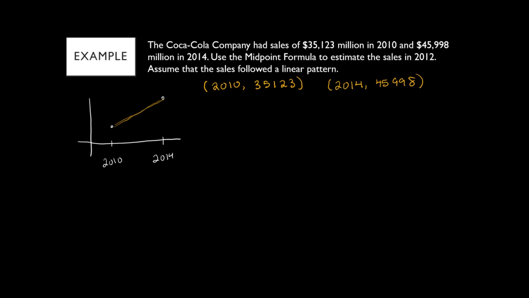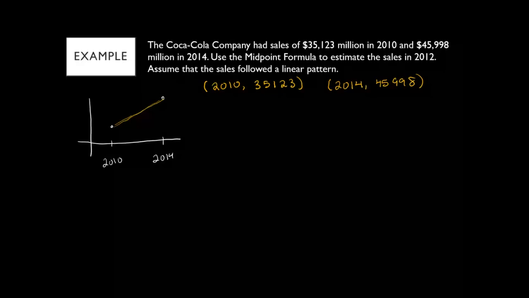If you are not given the ordered pairs in the problem, you should write them down. That's part of taking good notes and showing things mathematically. That way I can see, did you put them in the correct order? Did you have your time first? And I can check that out. So I've got them all in the right order.